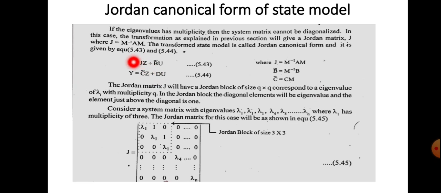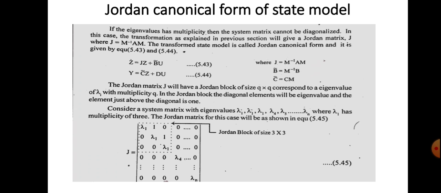So here the difference is J. Here J will be equal to M inverse A M, and b cap equal to M inverse B, and c cap equal to C into M. So the notation difference is only for J. That means J is obtained by using another model matrix. If the eigenvalues have repetitions or multiplicity, then the model matrix is taken in another way. Let us see.